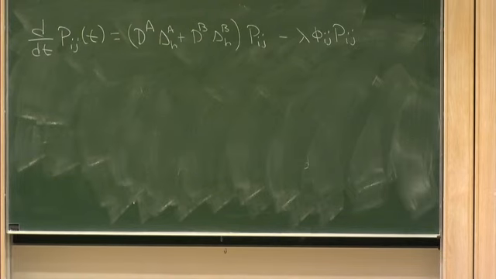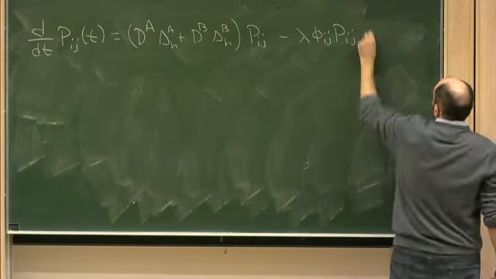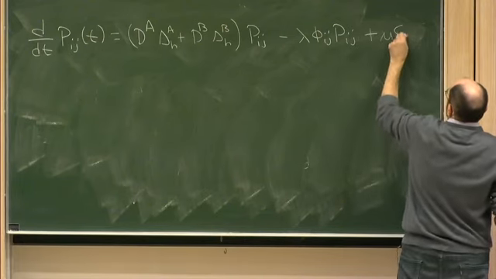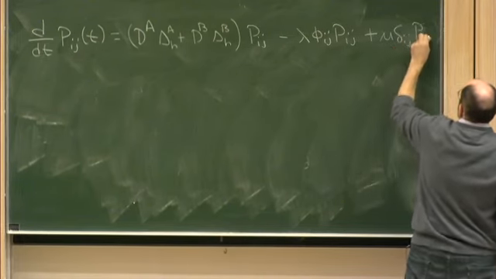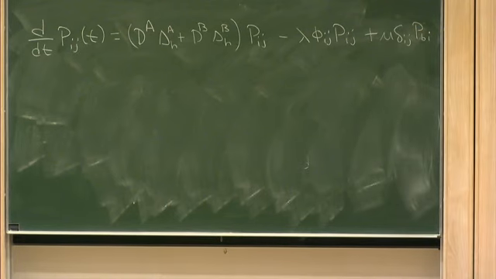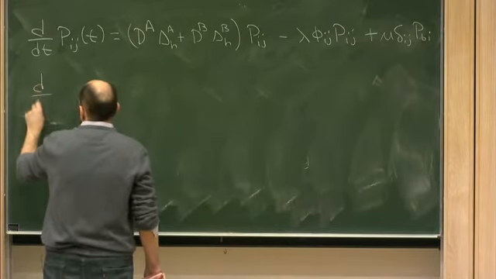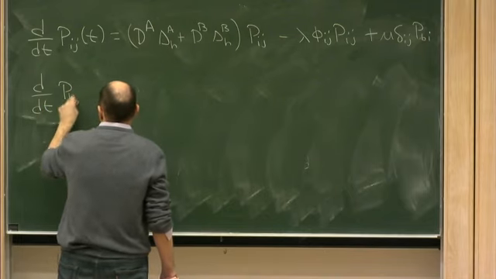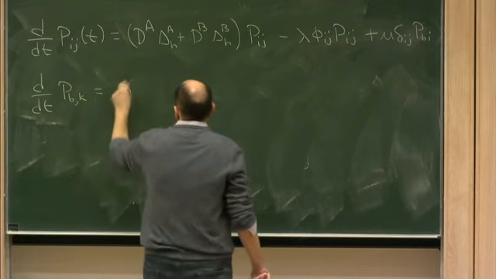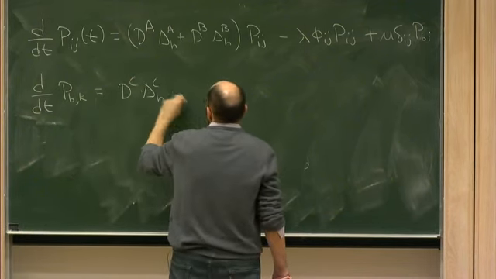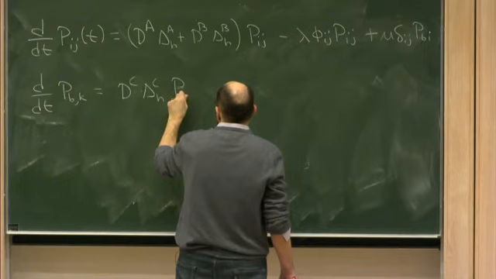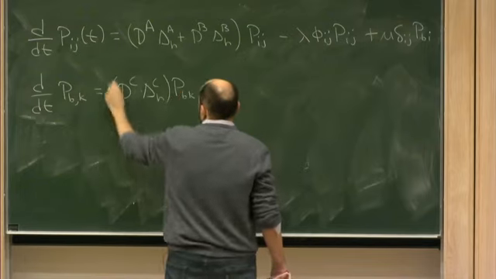And then you get your unbinding term, which gives you PBI. And then your other equation, what you end up with when you do this, is dc Laplacian hc, the discrete Laplacian, acting on PBK.